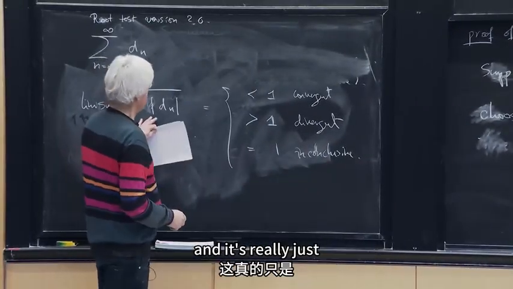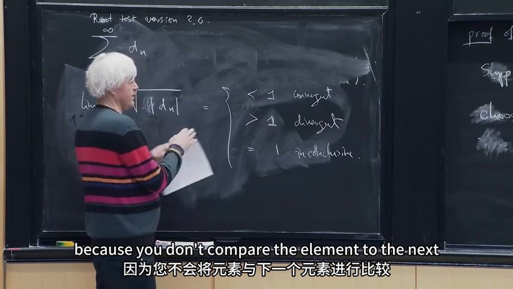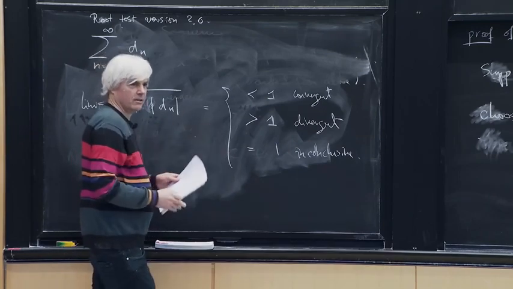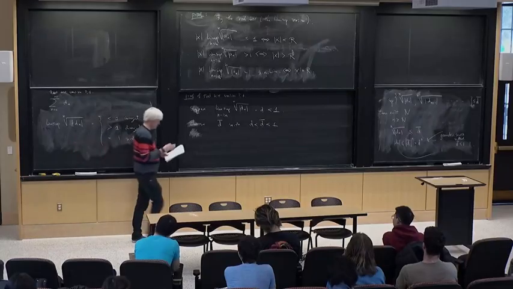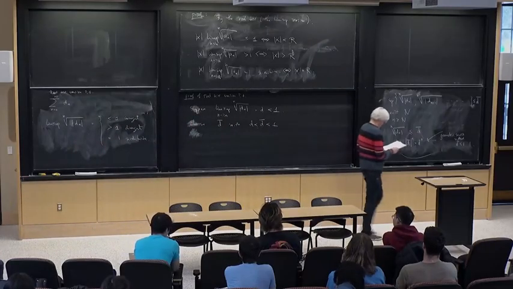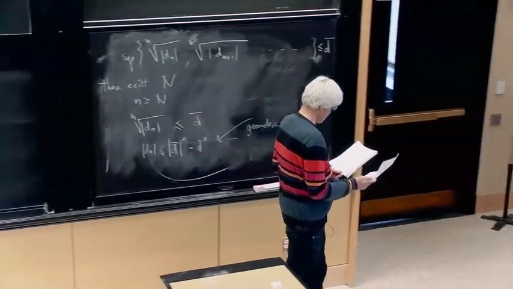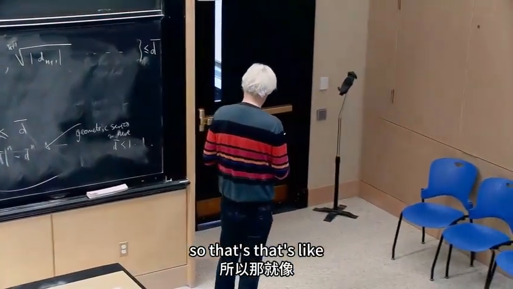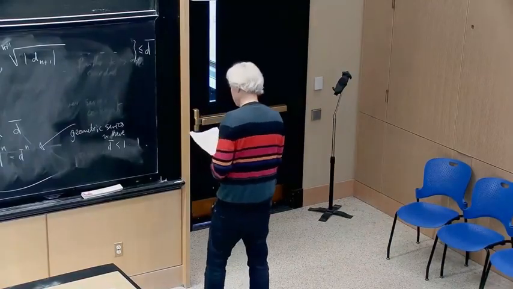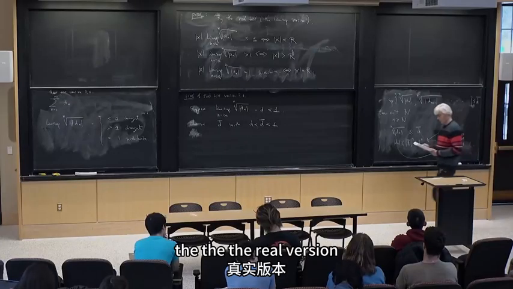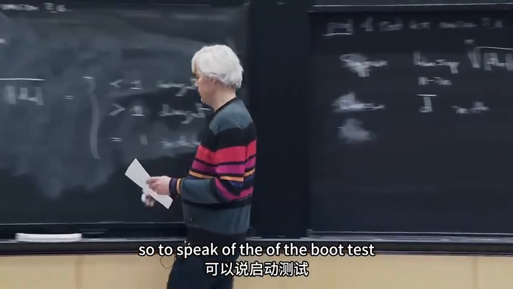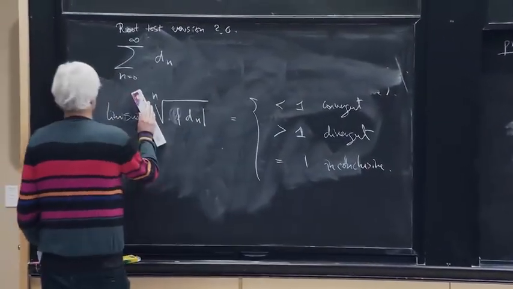It's really just because you don't compare the element to the next, but you're comparing it to this fixed series, which is the geometric series. So that's like the real version, so to speak, of the root test.